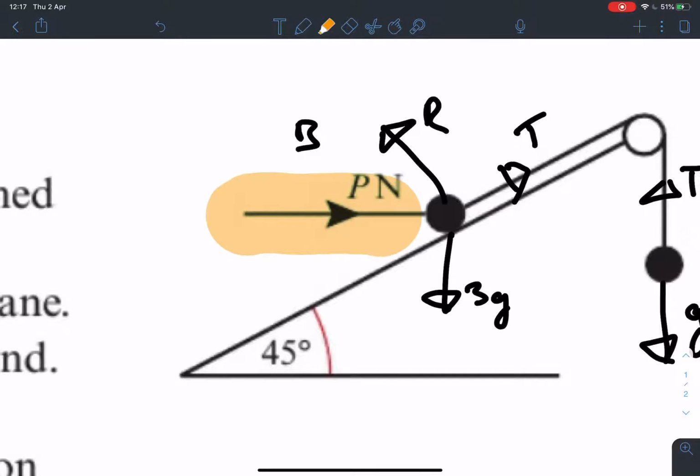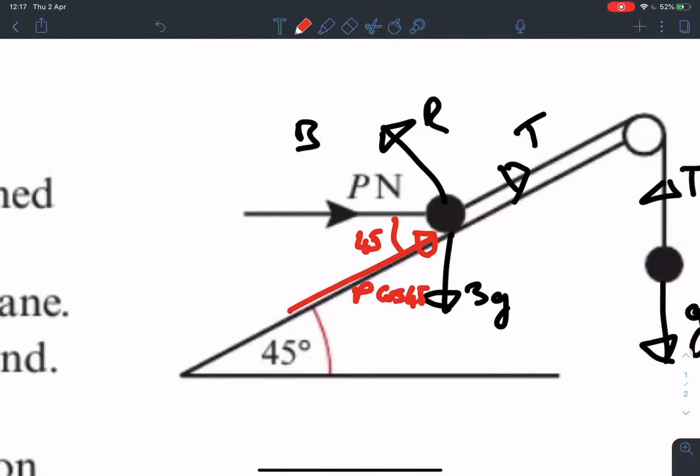Hopefully P and 3G. So we're going to just work on those. So parallel to the plane, we've got P, and this angle in here is 45 because it's alternate. So we've got P cos 45 because that one is adjacent to the angle.